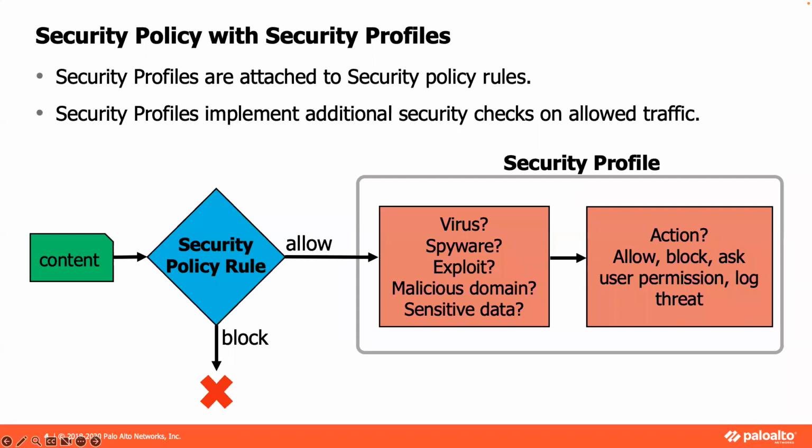You don't need to add these to a security policy rule with a deny action because, well, we're going to block the traffic anyway before it ever gets inspected. So do it with your allow rules. Now, one more word about that.